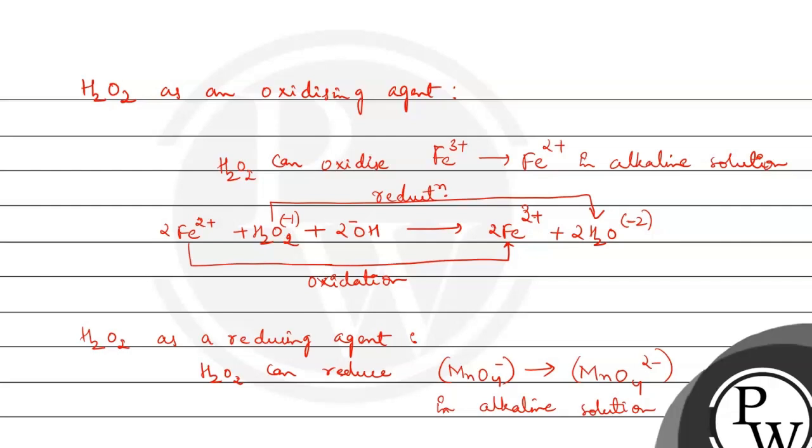So now we'll see the respective reaction for this. So 2 MnO4 minus plus H2O2 plus 2 OH minus gives 2 MnO4 2 minus plus 2 H2O.